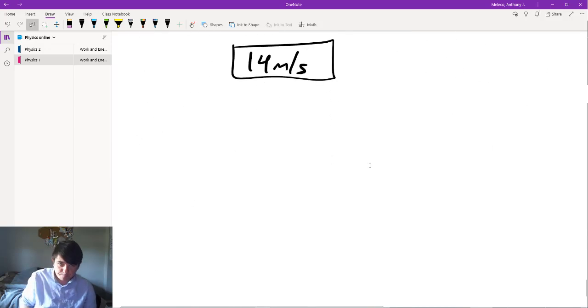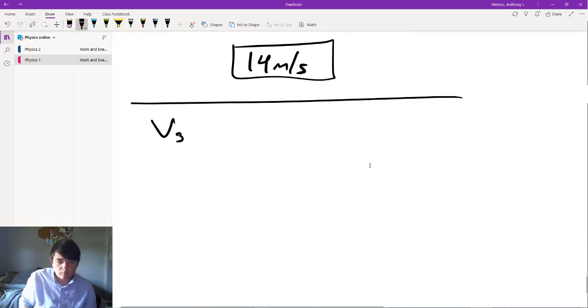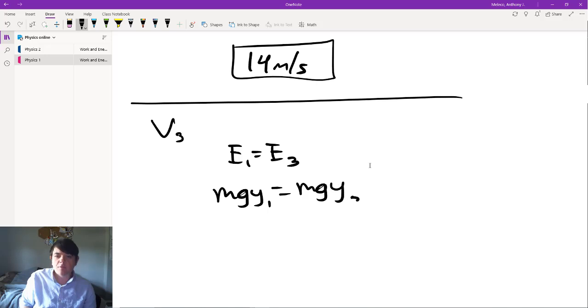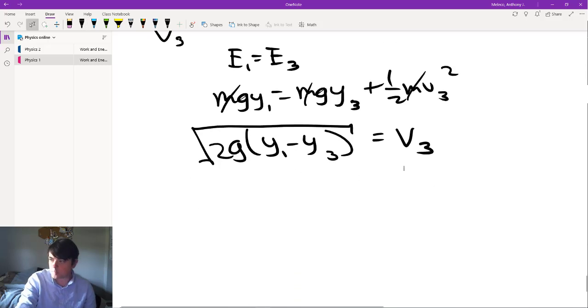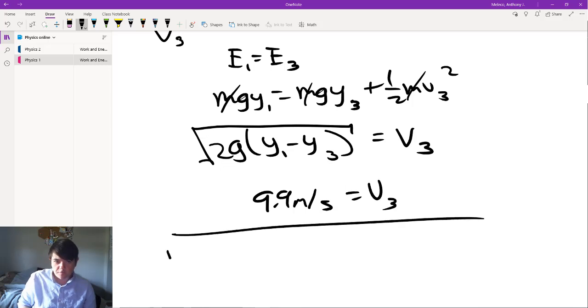So I'm just going to do the same thing: mgy3, cancel the masses, subtract it over, multiply by 2, and we'll get the same thing here. You plug in the new numbers though, and you get 9.9 meters per second. And then you solve for V4 the same way.